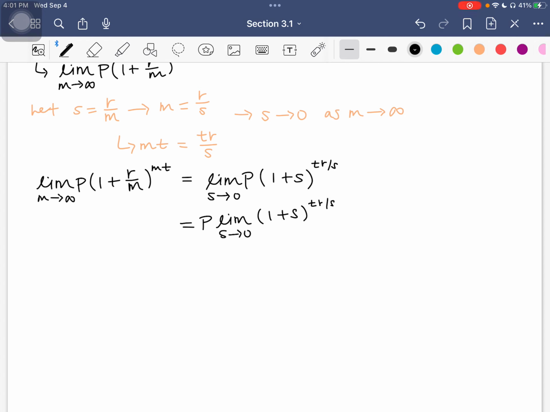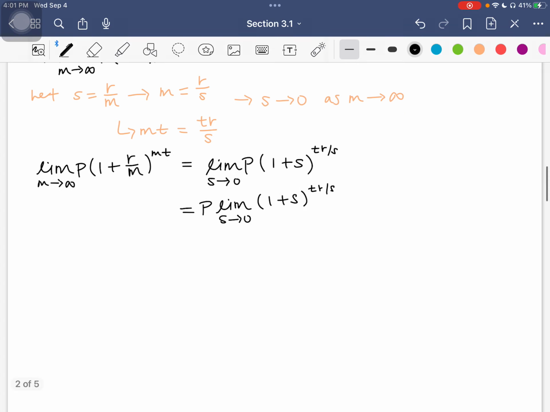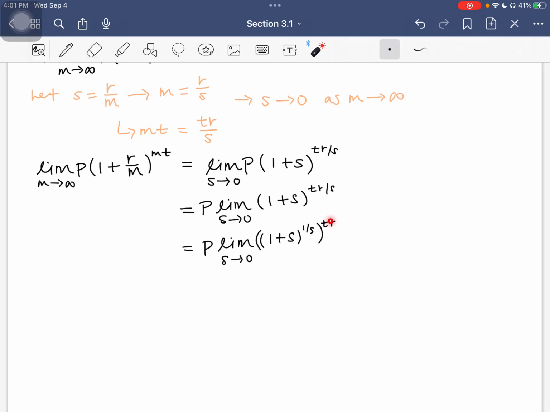Now, just using the rules of exponents, we can rewrite this as 1 plus S to the power 1 over S, all to the power TR. Because if we were to multiply these guys, we would get this.